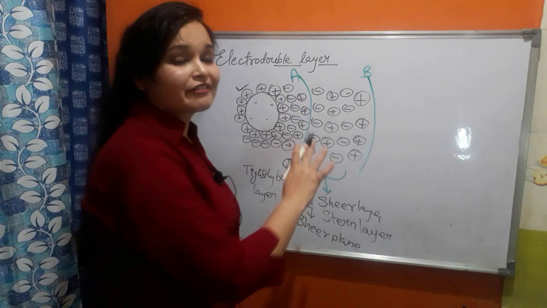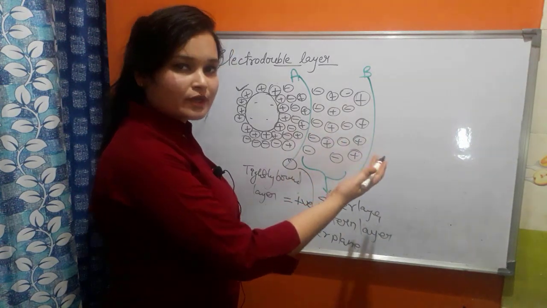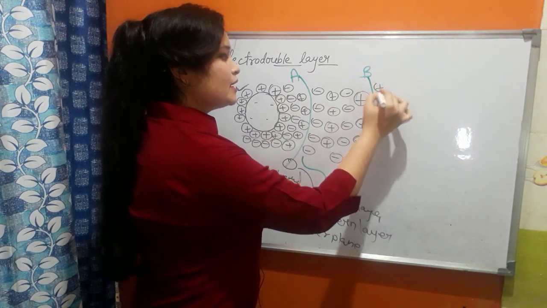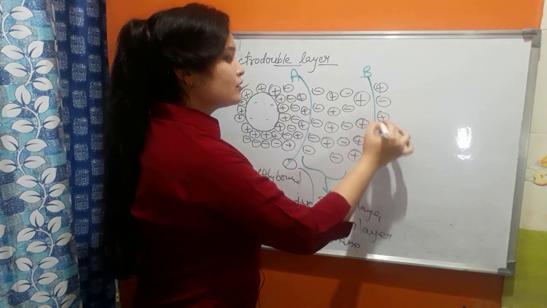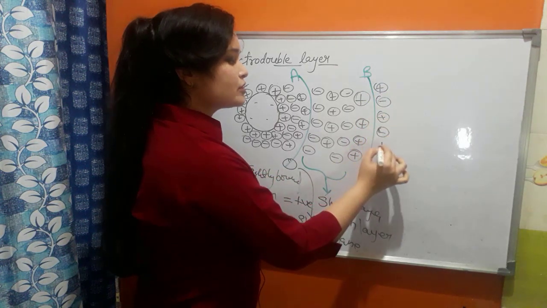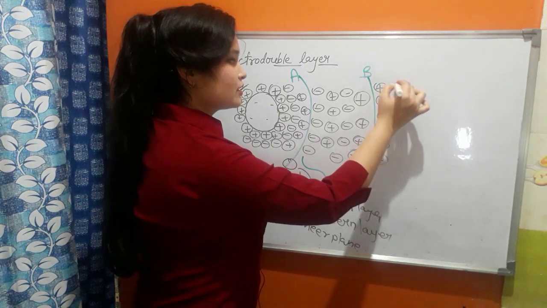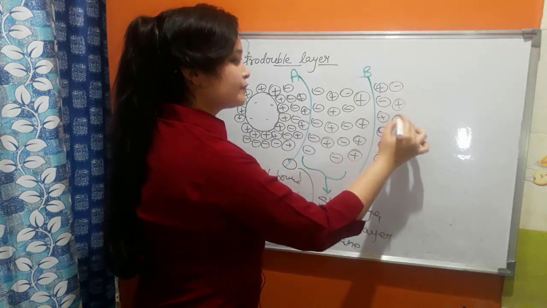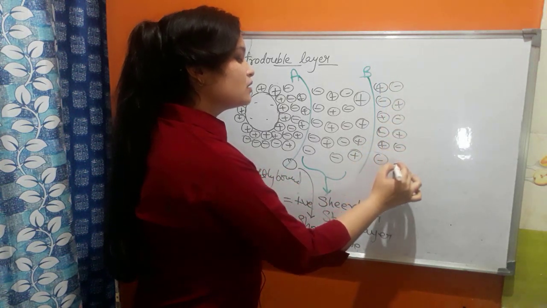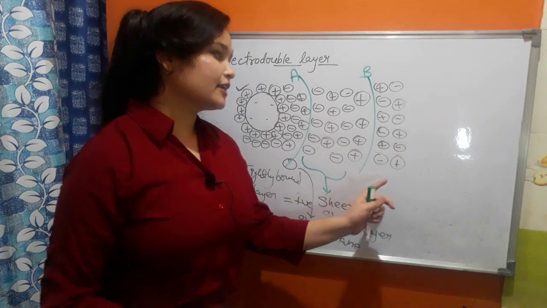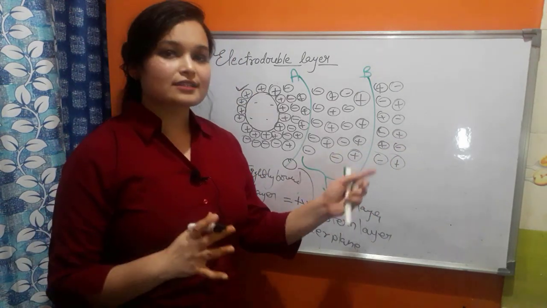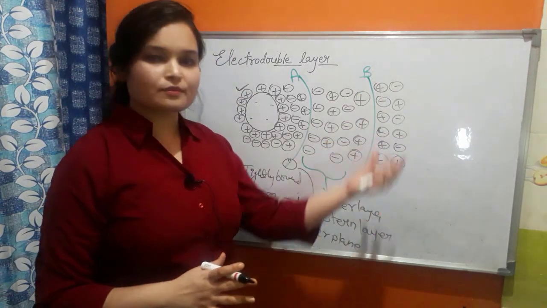Now let's see what will have to happen after this B layer. There will be equal acquiring of both positive and negative charges. What I mean to say is that now both the positive and negative charges are in the same quantity, and they are sitting on this B layer.